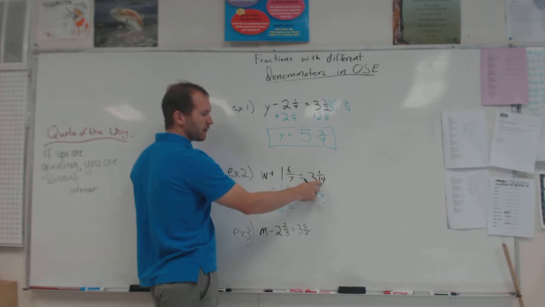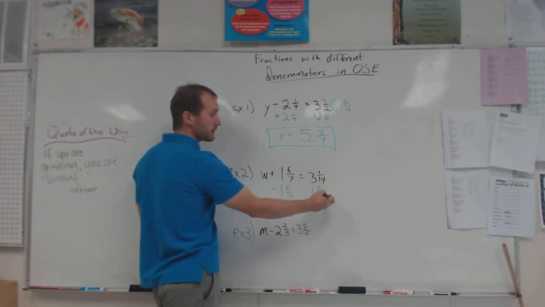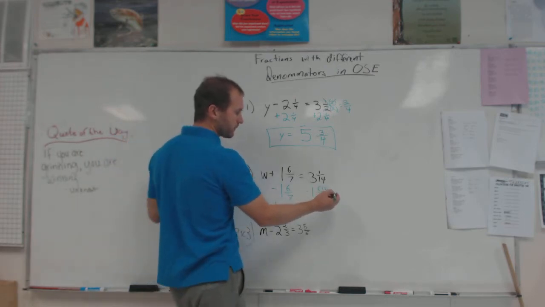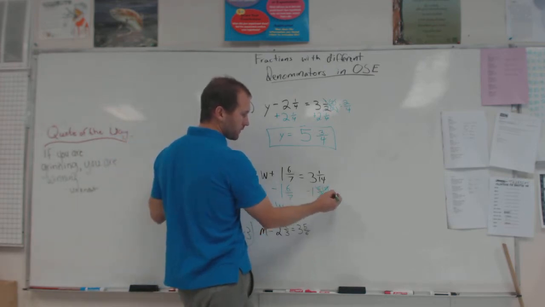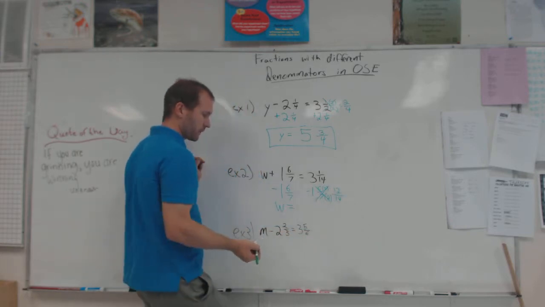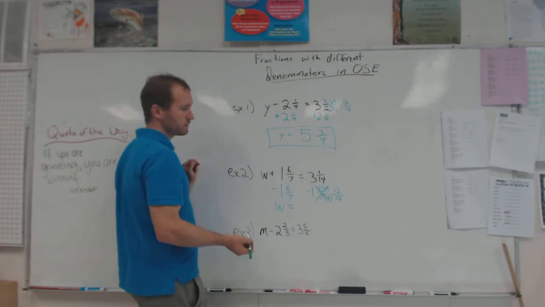Well, I can't get 14 down to 7, but I could get 7, I know, 7 times 2 up to 14. So now I have 12/14ths. Is it always going to be 2? No, good question. I should do one that's not 2. We'll do some other examples.